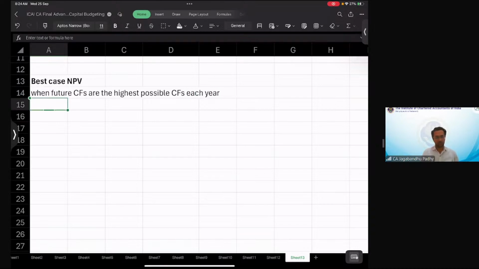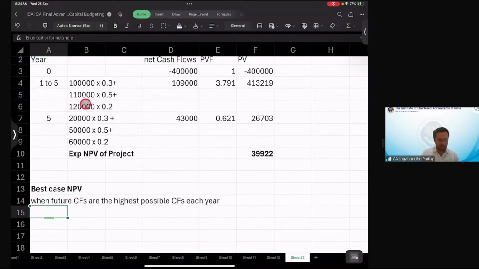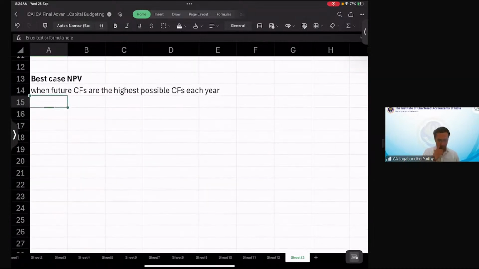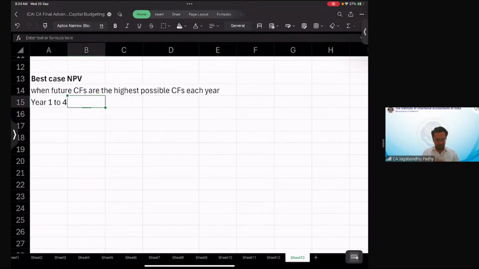each year. So can I say, in case of best case NPV, the future cash flows that you're going to be receiving will be the highest number, which is 1,20,000 of recurring cash flows and 60,000 as salvage value, right? So we can say from year 1 to 4, this is going to be 1,20,000.